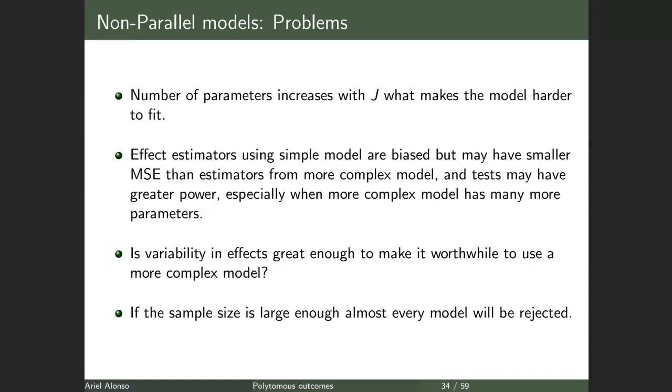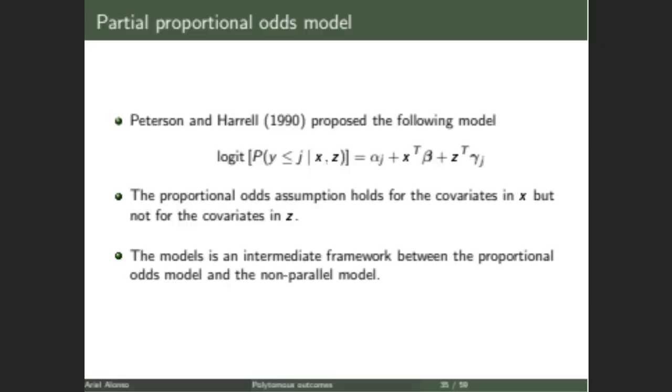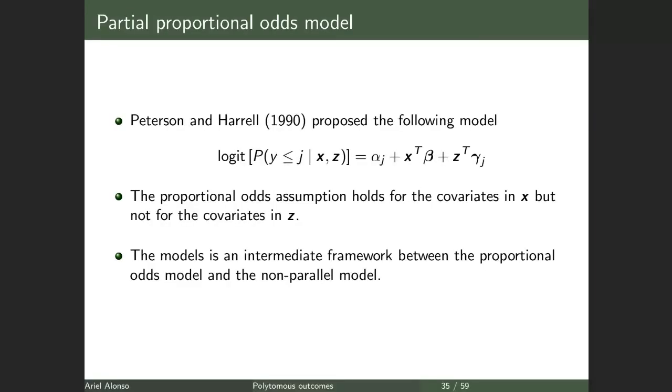The model is more parsimonious, has fewer parameters. And you get the order in the probabilities: the probability that y is smaller or equal than j is always smaller or equal than the probability that y is smaller or equal than j plus 1, right? That's a nice property as well. So you may prefer to use a model with these nice properties, even if the proportional odds assumption is slightly violated. Because we all know that if the sample size is large enough, you are going to reject almost any model, because we know that all models are just approximations.